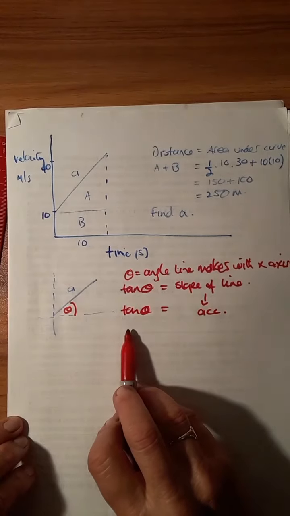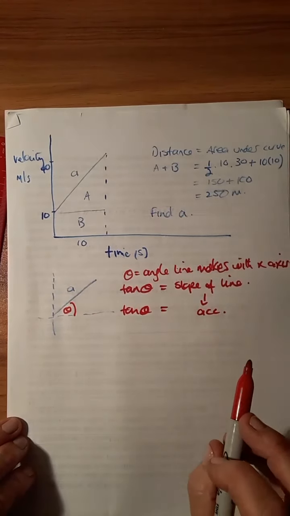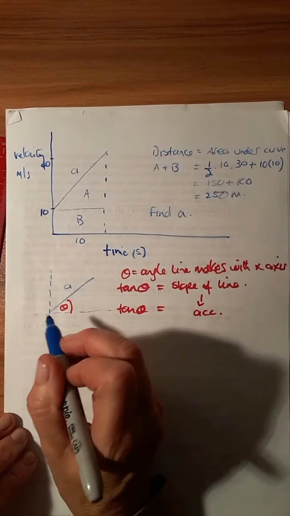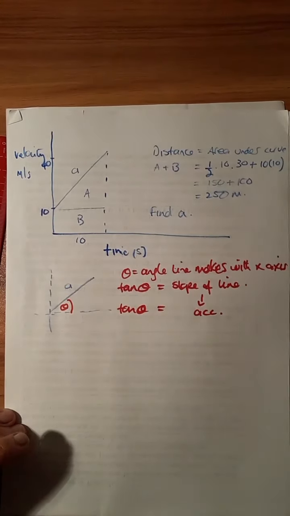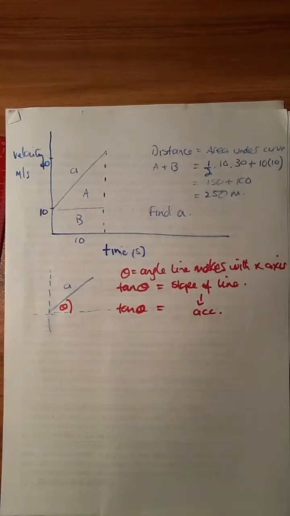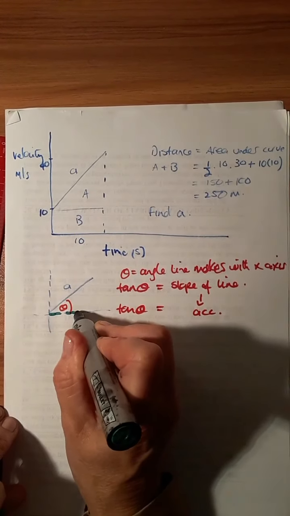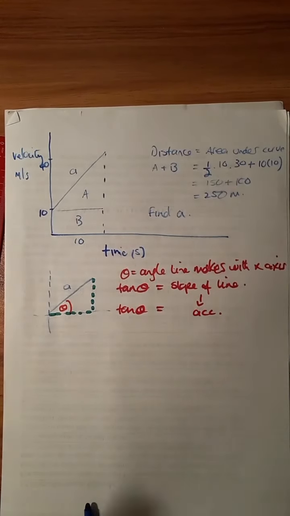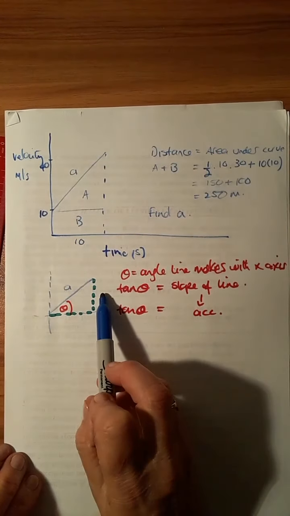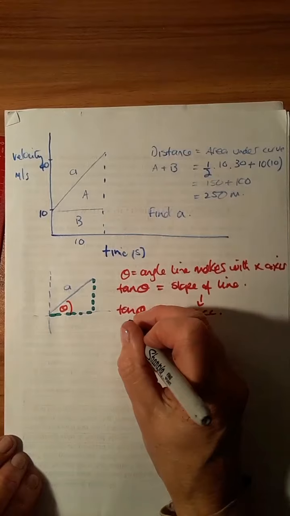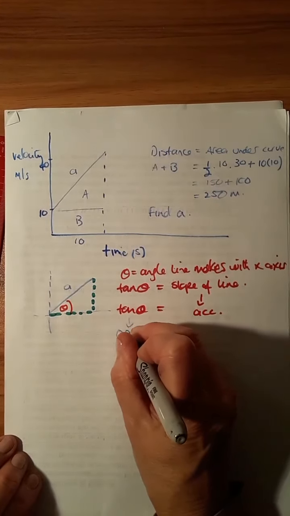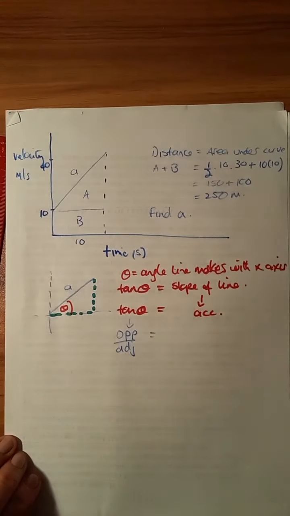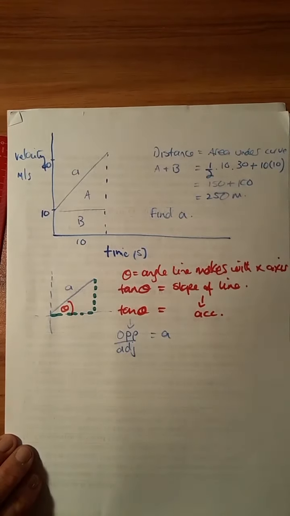So, to find the tan of an angle, if I use silly old Harry link, I'll draw a little right angle triangle around this. Okay, so the tan of theta would be the opposite over the adjacent. So the tan of theta is opposite over adjacent. So that's my trigonometry link, and that's equal to the acceleration.